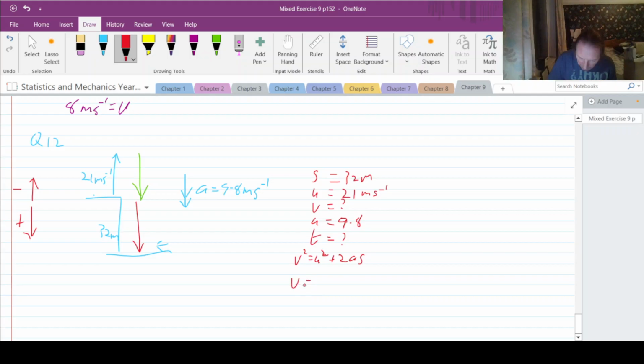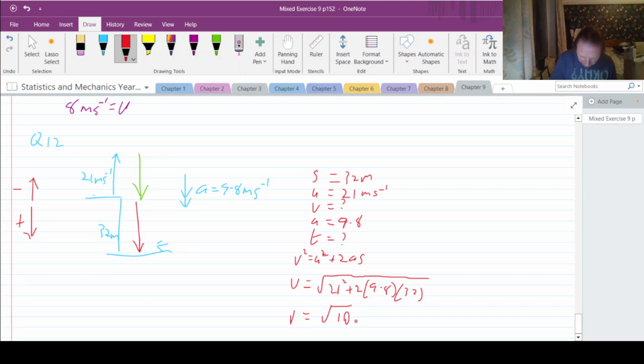So v is equal to the square root of 21 squared plus 2 times 9.8 times 32, all under the square root. That is nothing particularly nice, 1068.2.